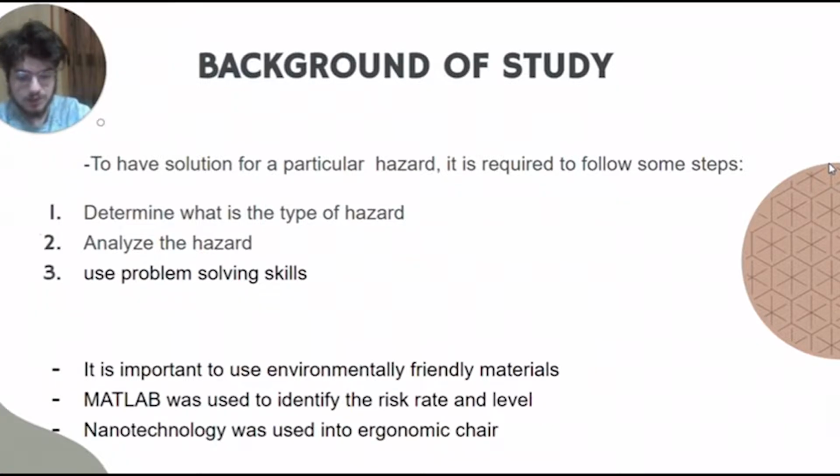For the third point, we used MATLAB to calculate the risk rate by identifying the likelihood and severity out of 5, and then determine the risk level, whether it's minimal, moderate, or serious. Lastly, our team has developed an ergonomic chair that can fit all people, whether they are short or tall, by using nanotechnology.